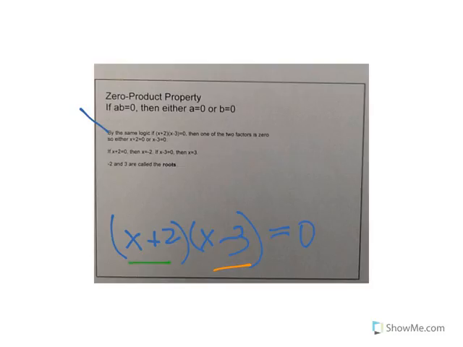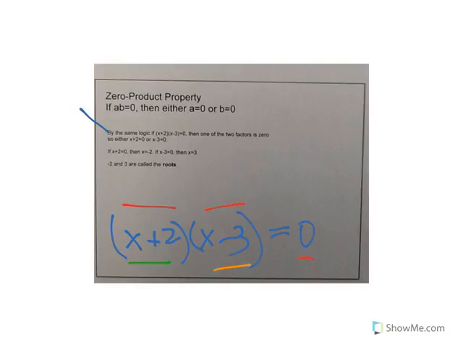Because if that's true, then this works, because 0 times a number is going to be equal to 0. So anytime that this whole thing here or this whole thing here equals 0, that's a true statement.